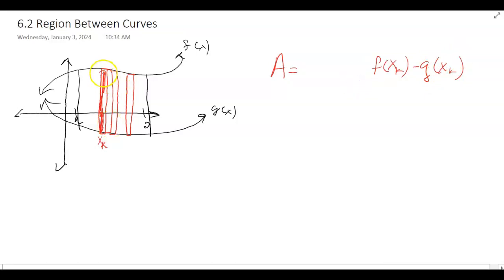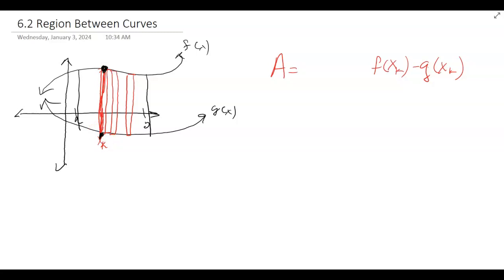Whatever f of x is at x sub k, subtracting g of x sub k, will give you the height of your rectangle.